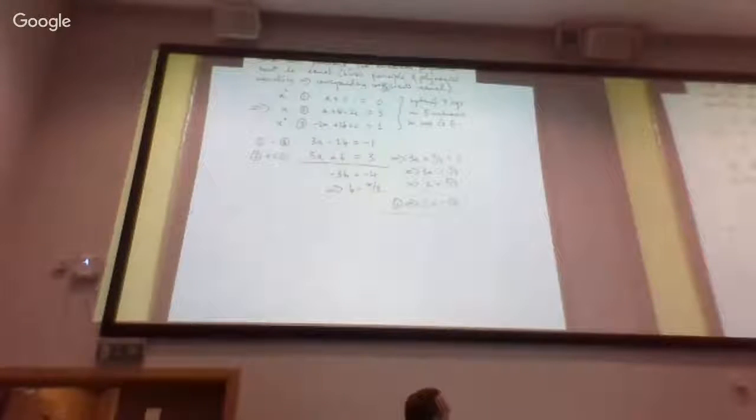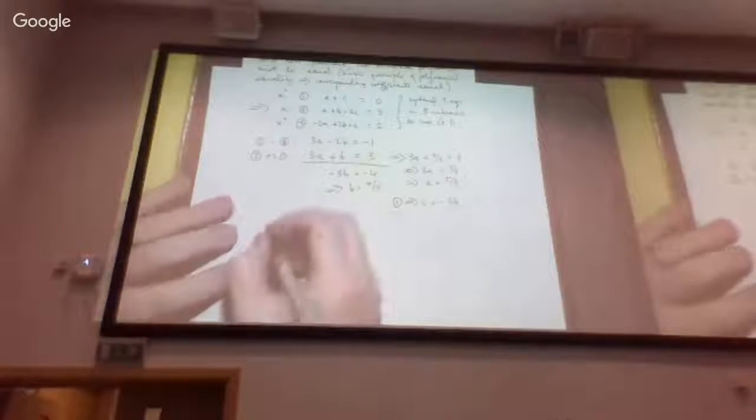So, if the system is in any way too big, and you don't want to end up going round in circles, you can always go for Gaussian elimination, or ideally type it into MATLAB and get MATLAB to solve it for you, but it would have taken me the same amount of time to type it into MATLAB as it did to just quickly do that. Okay.